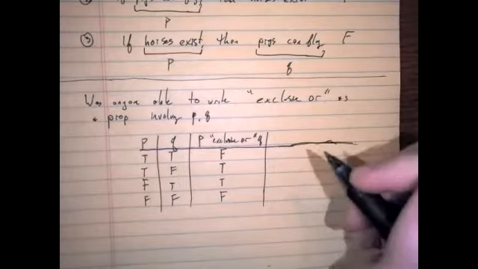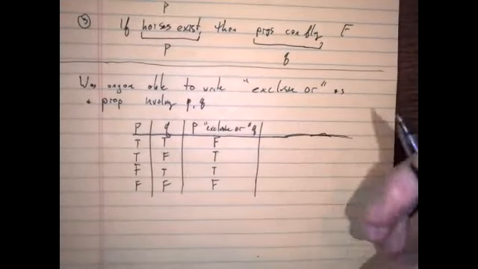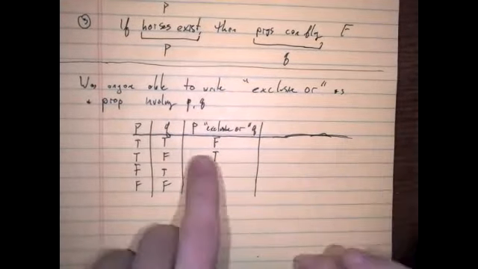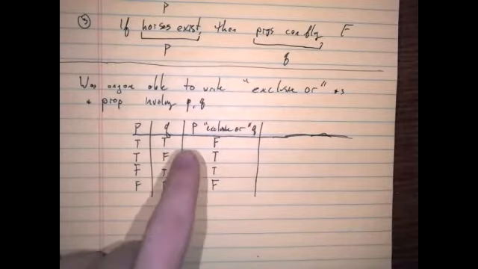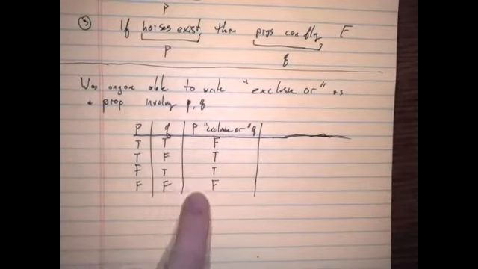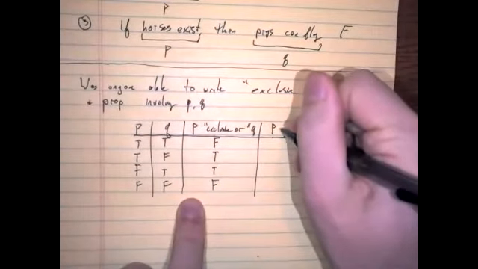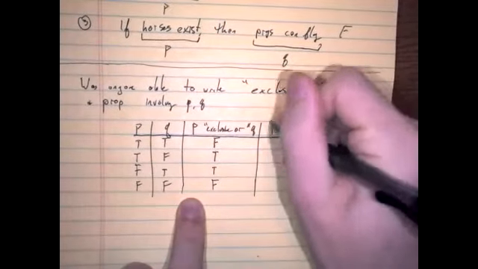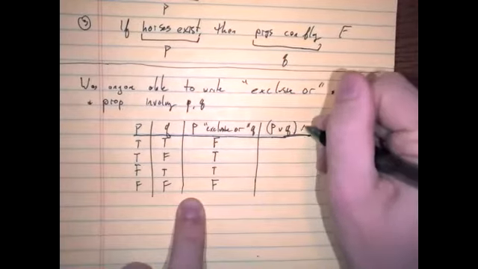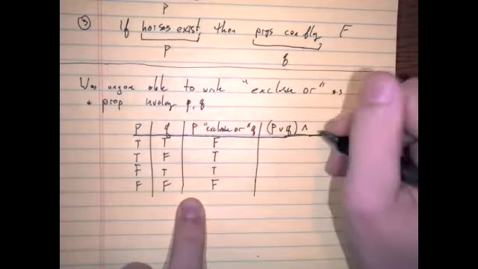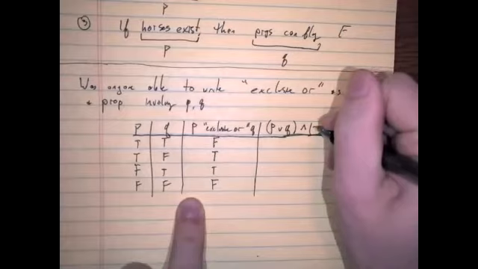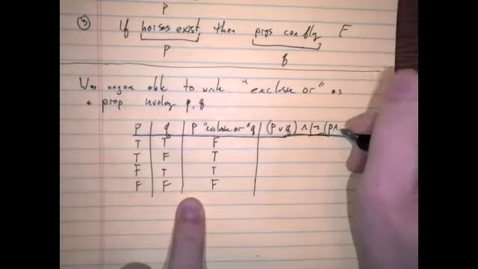There are many, but a proposition using only Ps, Qs, ands, ors, and negations, which reproduces this same truth table, is exactly P or Q, and not, maybe I'll do a lot of parentheses here, not (P and Q).